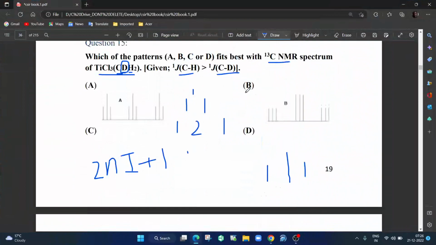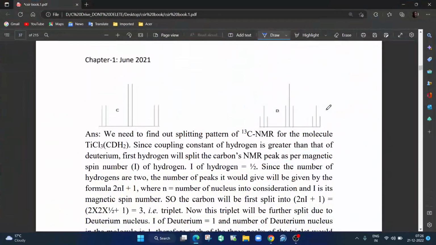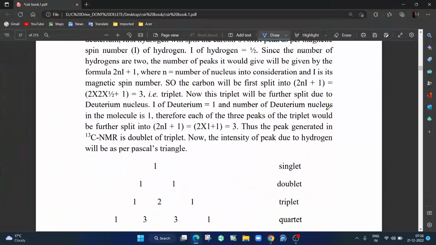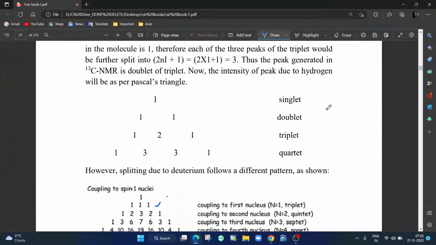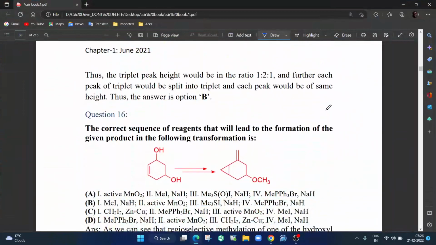So the answer will clearly be option B, because here we have 1:2:1, and then all of them are split into equal parts. So the answer is option B. Whatever I said is written here, you can go slowly through it.